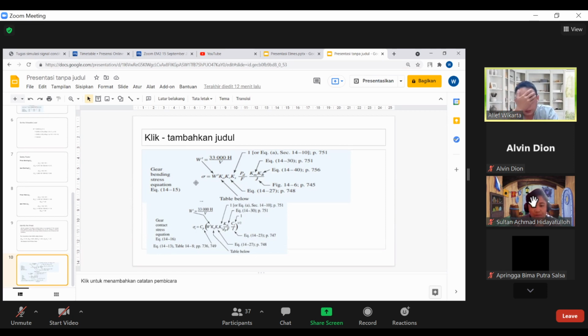In my opinion, Mas William, Mas Sultan, this KO should be used when we determine the stress that can happen in the gear, because this is the overload. Sorry, KO, KV, KS, the many factors with a K are included in the equation of sigma equal to something.